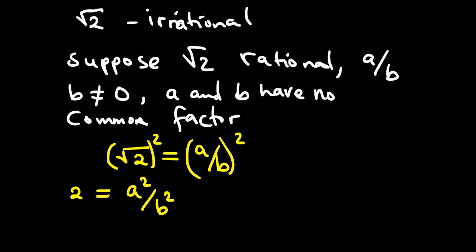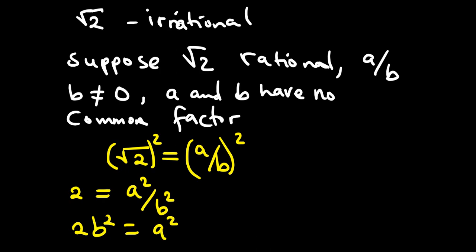Now from here I can multiply by b squared, cross multiply, then I'll have 2b squared is equal to a squared.